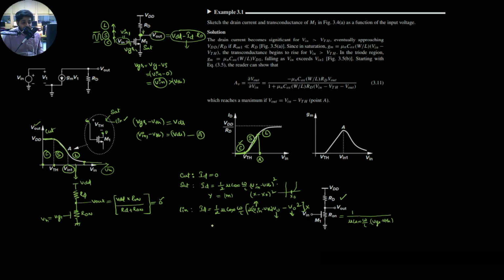So from this, what I can do is put the current equation considering it as on resistance, because it is an on resistor for the linear region.